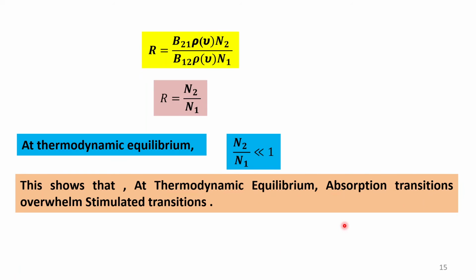So here this shows that at the thermodynamic equilibrium, the absorption transition overwhelms the stimulated transitions. That means in this case also, the absorption transition dominates the stimulated transitions.